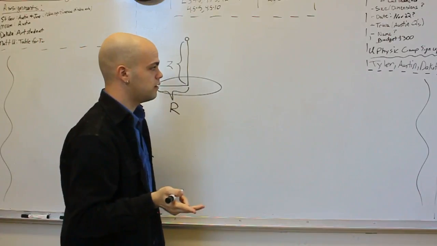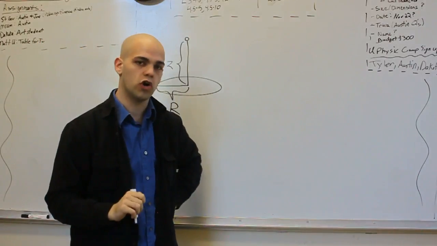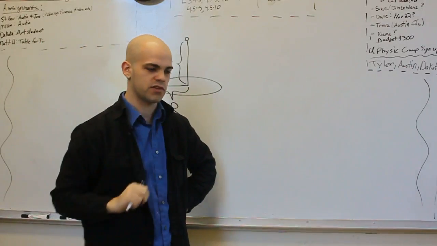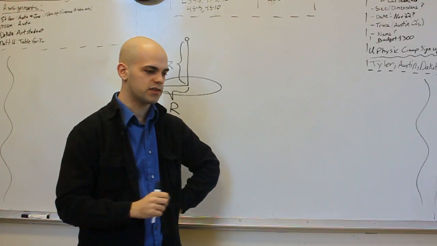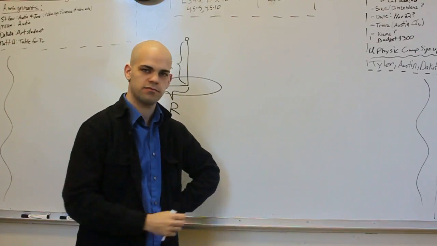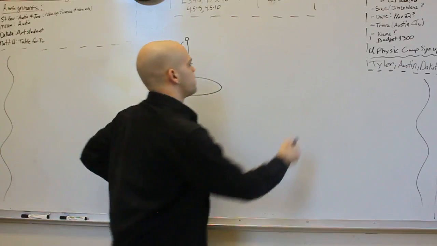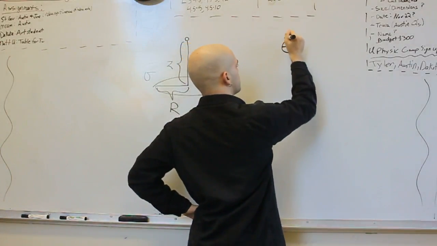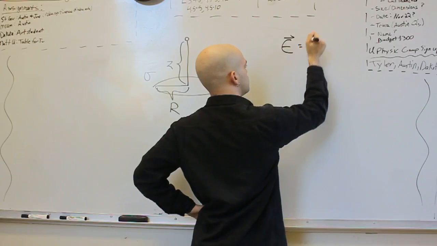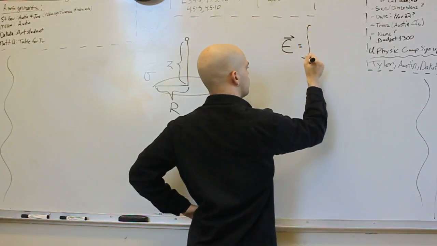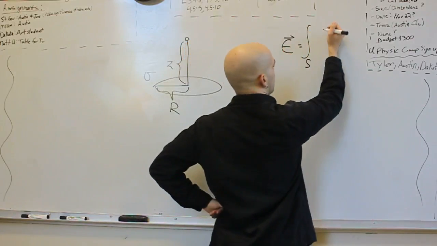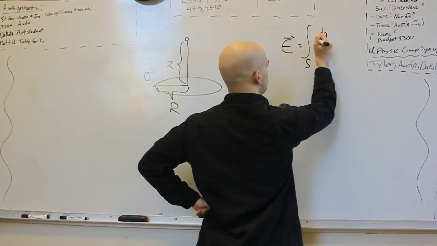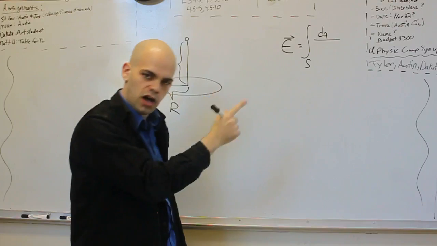first thing we want to look at is Coulomb's law, which gives us the general rule for finding the electric field at a given point based on a space of charge density. Coulomb's law is that the electric field can be expressed as an integral over a space filled with charge of dq, which is the infinitesimal of charge.